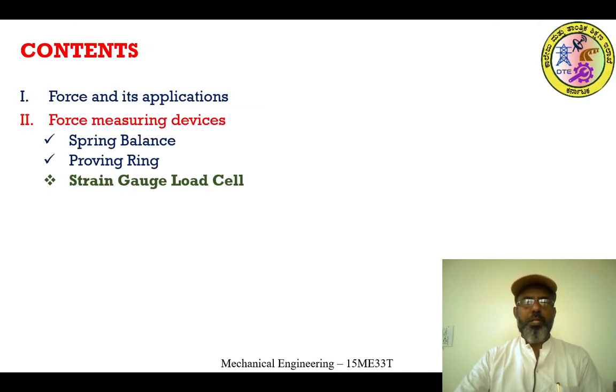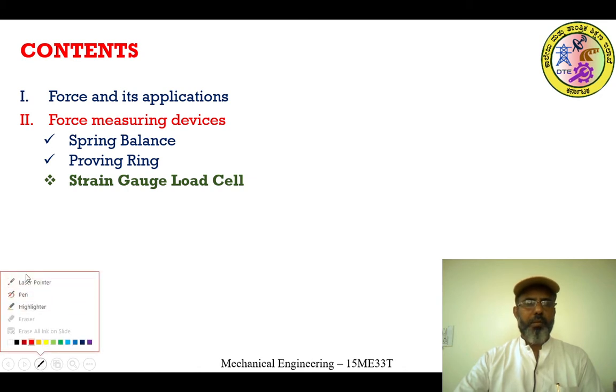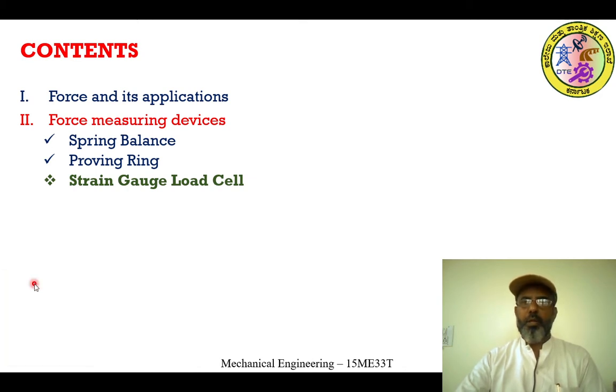In the last session, that is in 23rd and 24th session, we have discussed about the force measuring, the definition of force and its application.